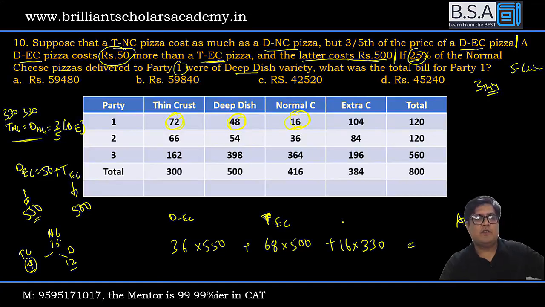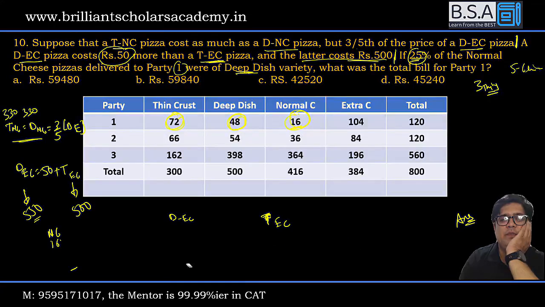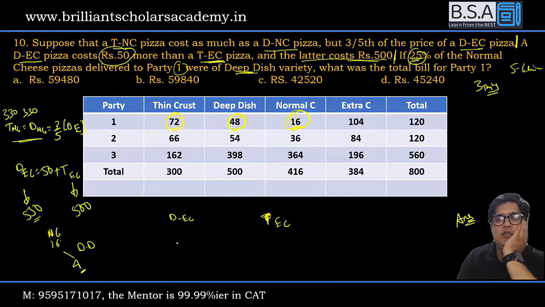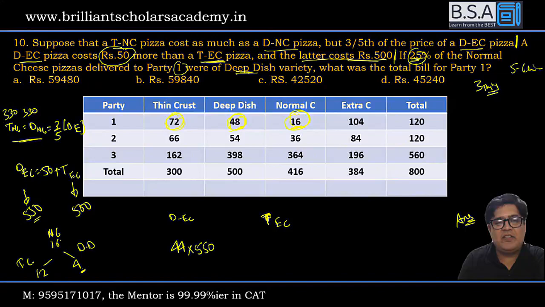Are poora calculation ulta kar diya aapne. 25% were deep dish. This is all reversed. Ab correction karte dekho tum. 25% means 4. Arre baba, 4 were deep dish. So if 4 were deep dish out of 48, so 44 has a price of 550. And how many are there? 12. 12 are thin crust.